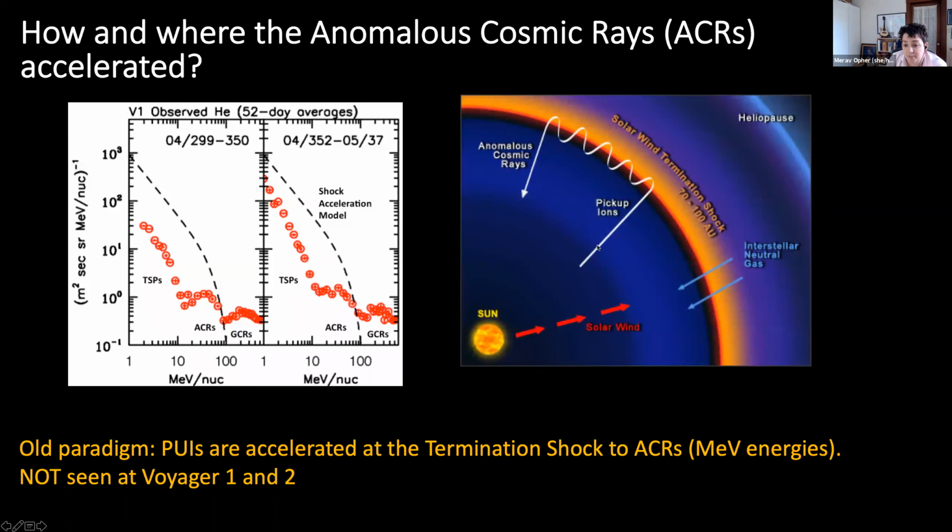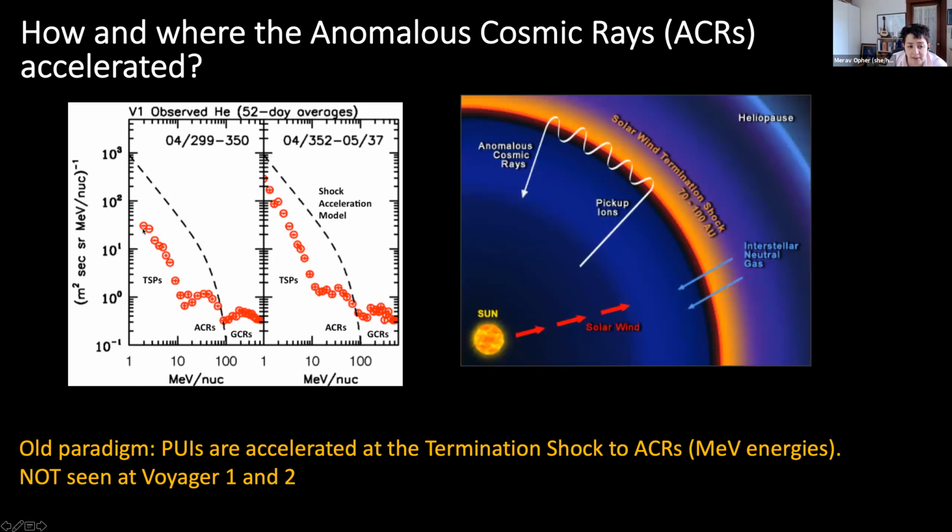And the prediction was that the pickup ions would start getting accelerated to what we call anomalous cosmic rays. Those are particles around MeV. So you take a 1 keV particle and you bring it up to MeV. And you can see that the observations shown in red don't match the dashed lines at all.